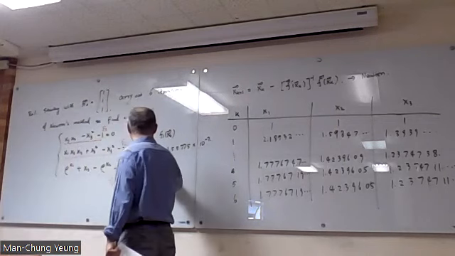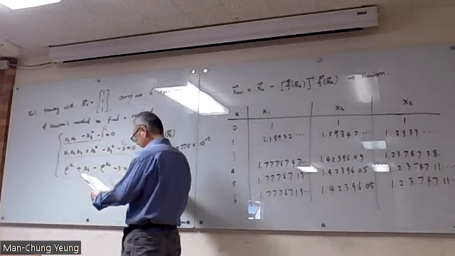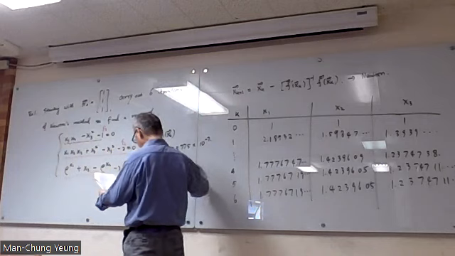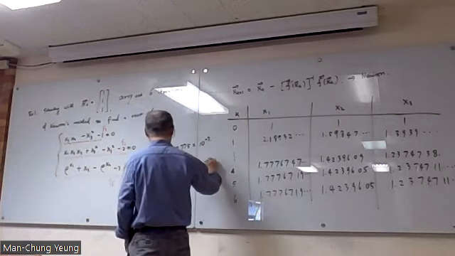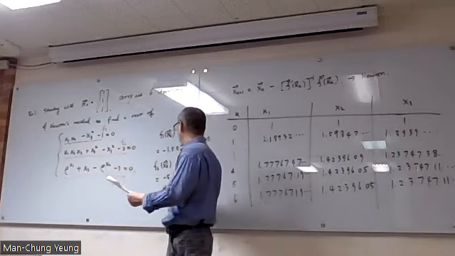F2 at x6 is negative 5.06729 times 10 to the negative 7, also very small.